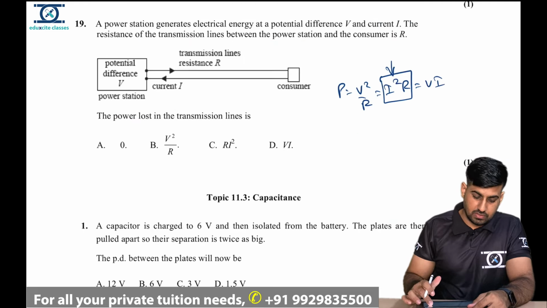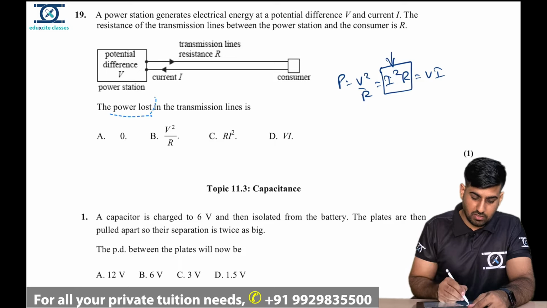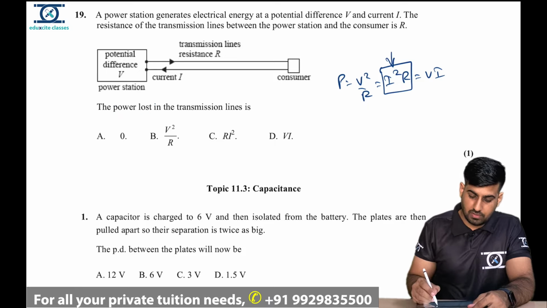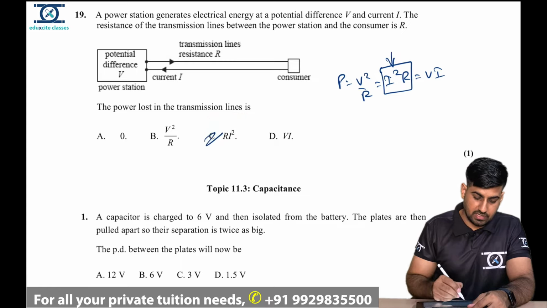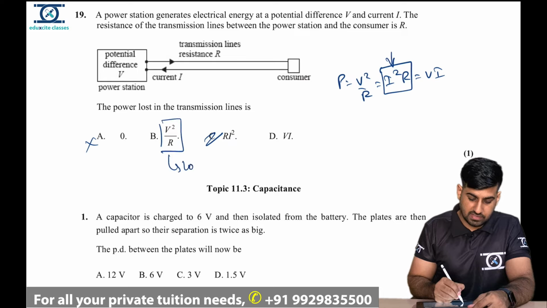So here you can see the power loss is because of the formula I square into R, which is option C. 0 is not possible. V square by R we only use for a localized resistor or for a given resistor.